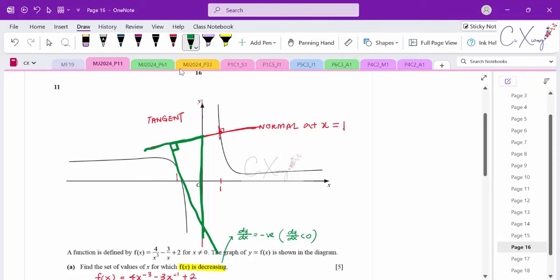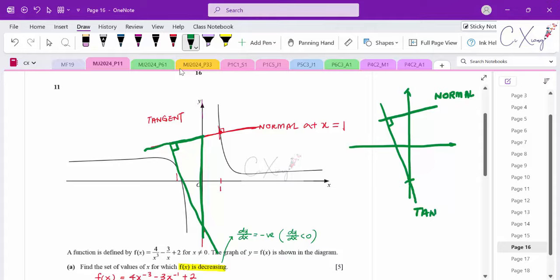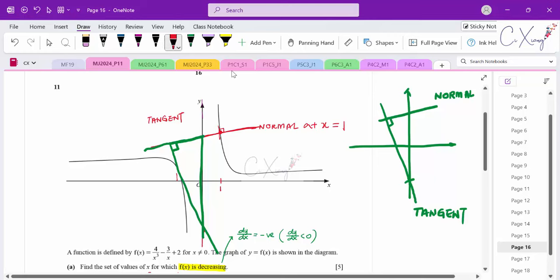So in short, how does your triangle look like? It will be something like this. You have a line like that, then a line like this. Not in ratio, this one is not in ratio. This is 90 degrees. So this is the normal and this is the tangent. Of course we are interested to find out the shaded area for this triangle here.